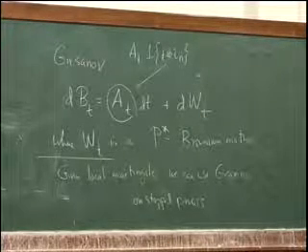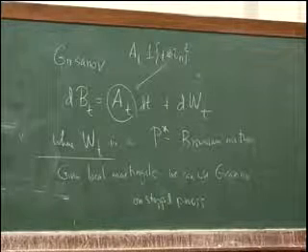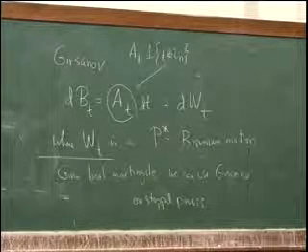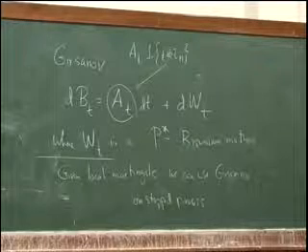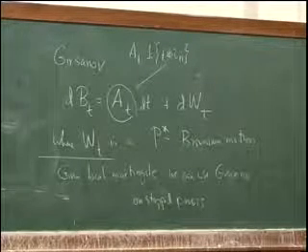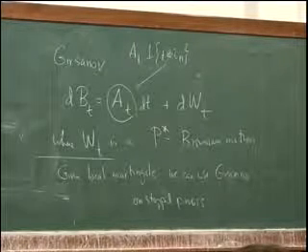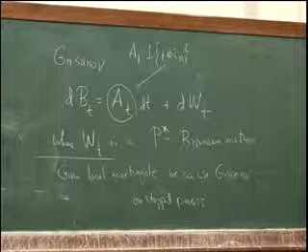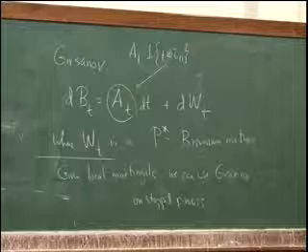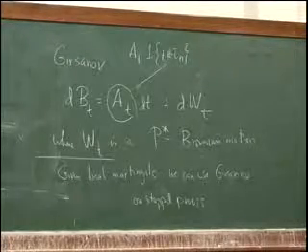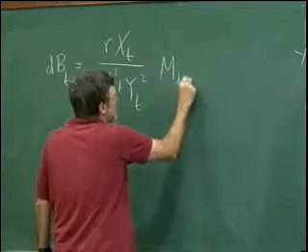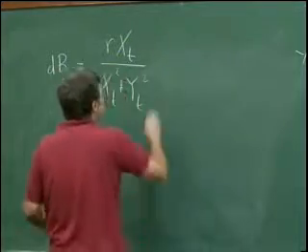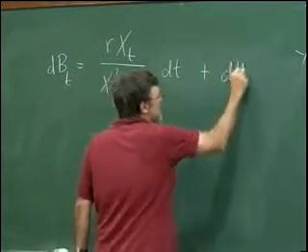So let's look at this particular case. So we have dB_t is equal to r x_t over x_t squared plus y_t squared times M_t dt plus dW_t.